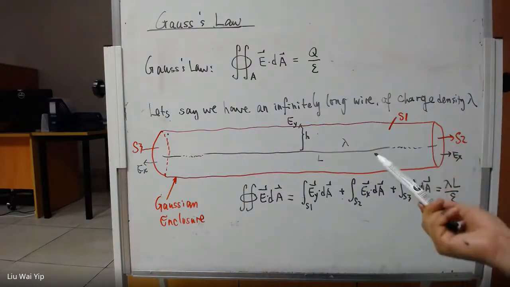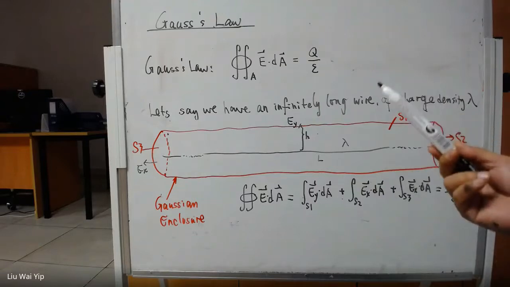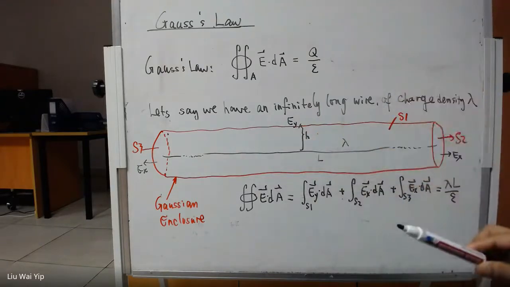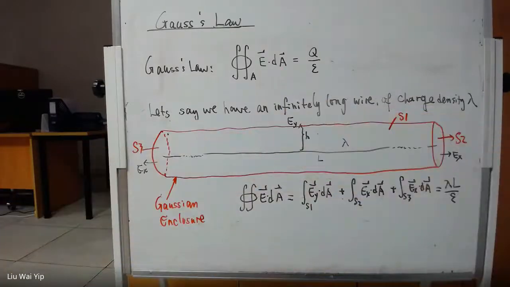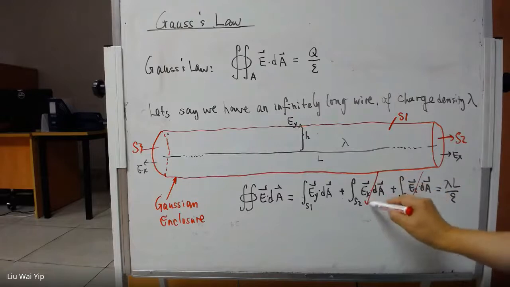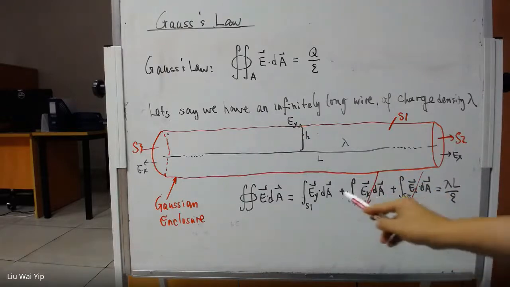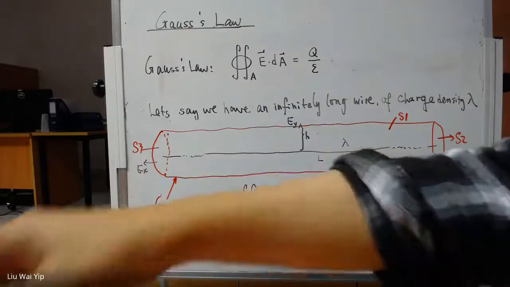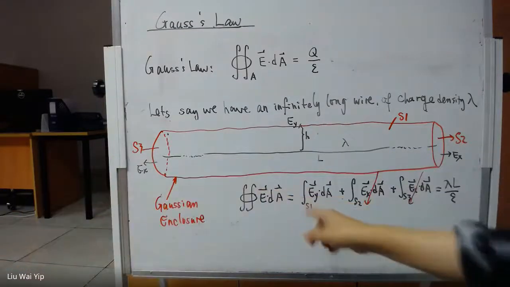The direction may be opposite, but the magnitude should be the same if the wire here is symmetrical. So it's fair to say that this term and this term cancel off with each other. So what we have left is just this term.